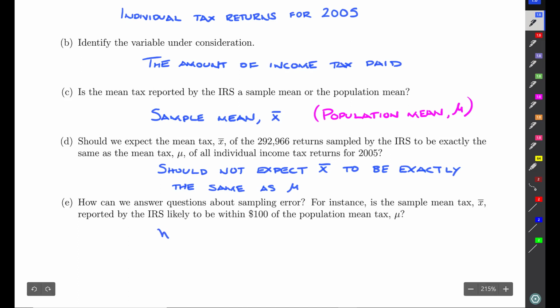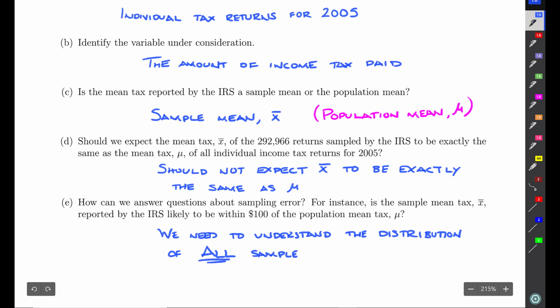We need to understand the distribution of all sample means, which is X bar, for samples of size 292,966.